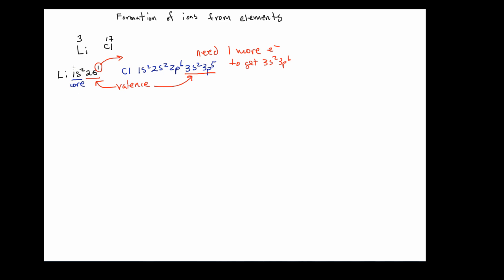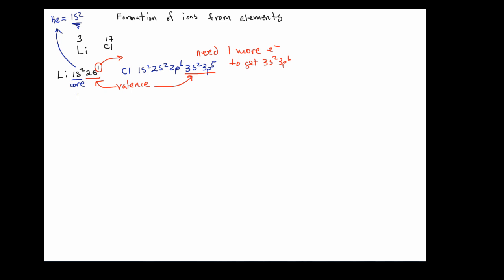And its core resembles the core structure of helium, which we know is also a noble gas and has a completely full energy level 1. So when these two react, what's going to happen is we're going to transfer an electron from lithium directly to chlorine. So lithium is going to be short 1 electron.